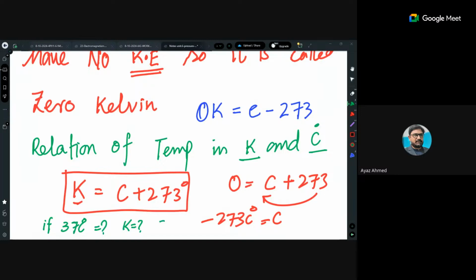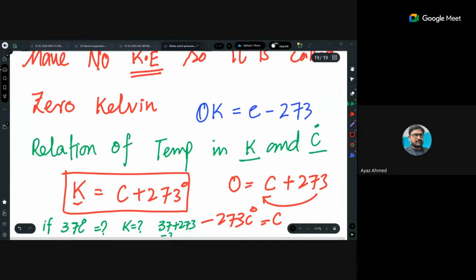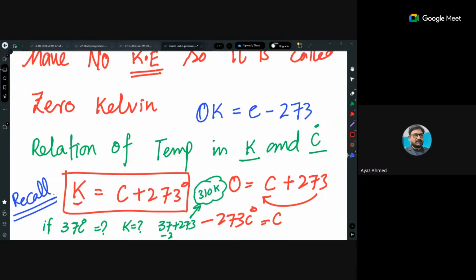It will be 37 plus 273, so it would be 310 Kelvin. You have to recall it, please. Memorize it, not derive it. Okay, is this clear?